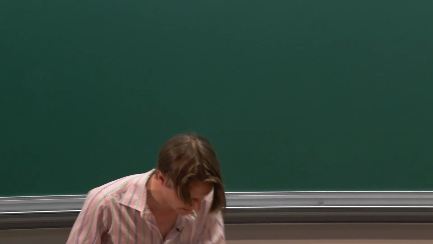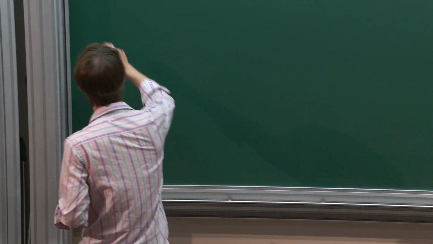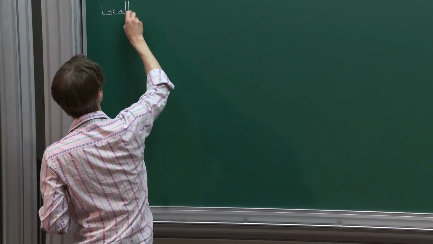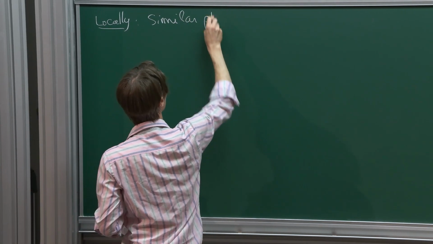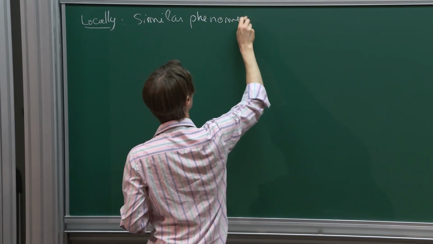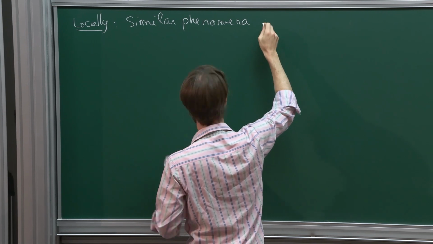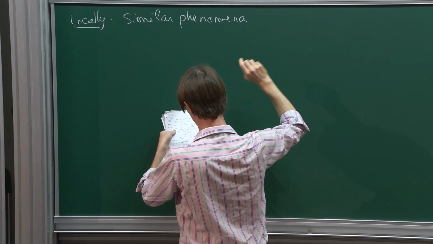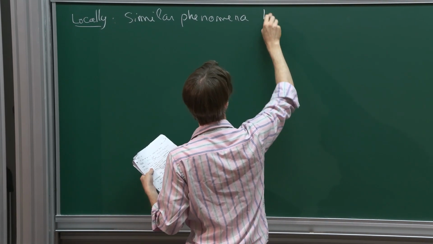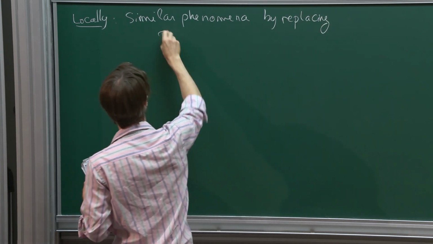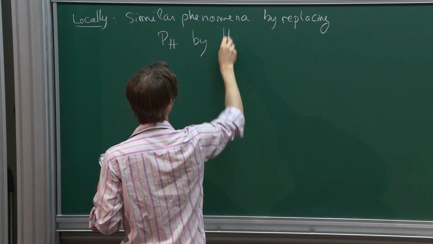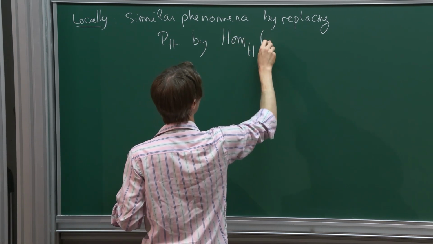So let me now discuss similar examples locally. Locally, the point is that we also notice similar phenomena. But we have to replace the period integral by the functor of H like this.